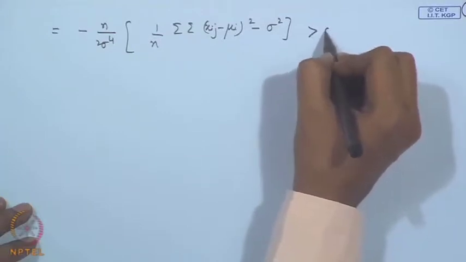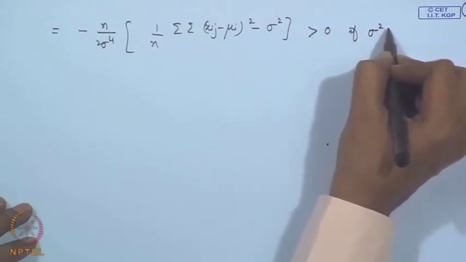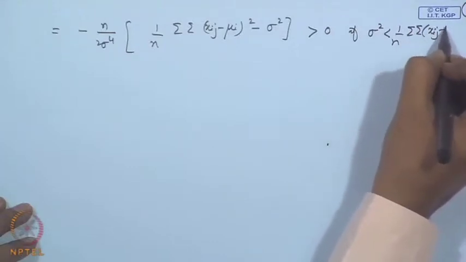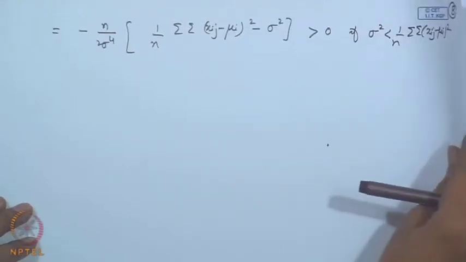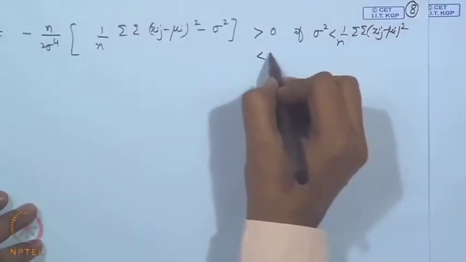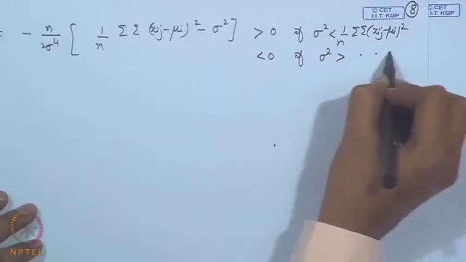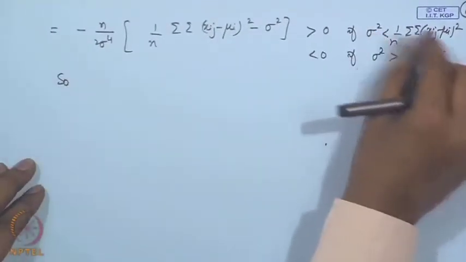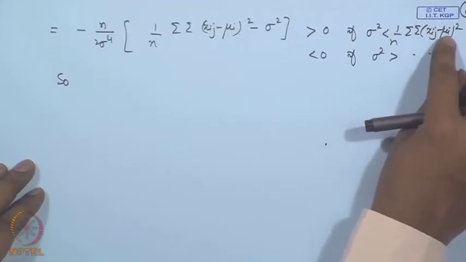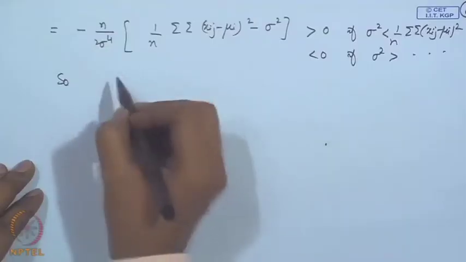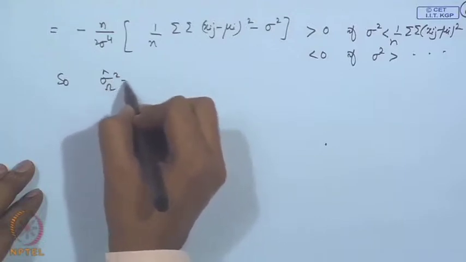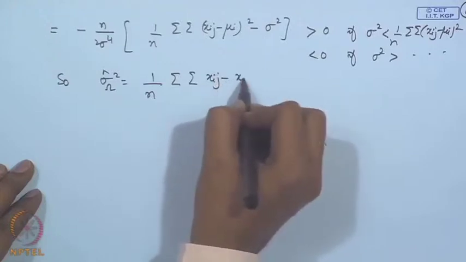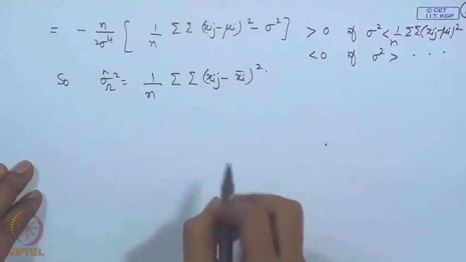So, once again you can see it is greater than 0 if sigma square is less than 1 by n double summation x i j minus mu i square, and it is less than 0 if sigma square is greater than this. So, obviously, the maximization is occurring at this point, and since mu i is estimated to be x i bar, we get sigma omega hat square, that is equal to 1 by n double summation x i j minus x i bar square.